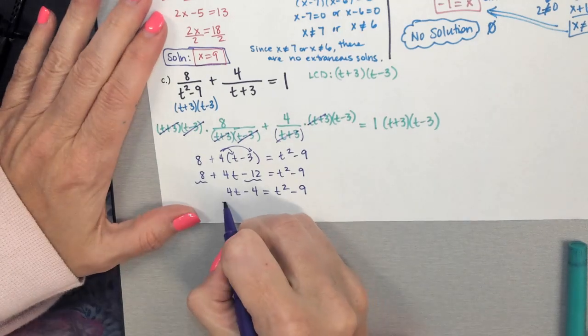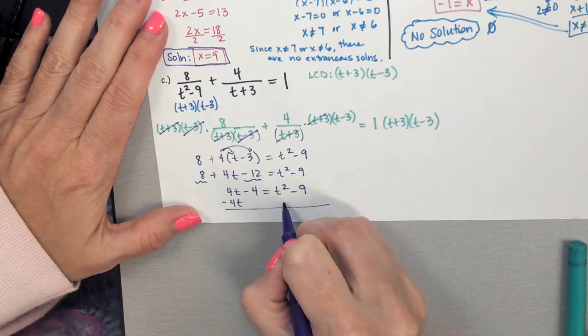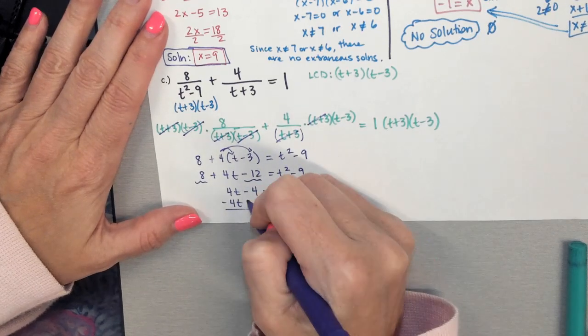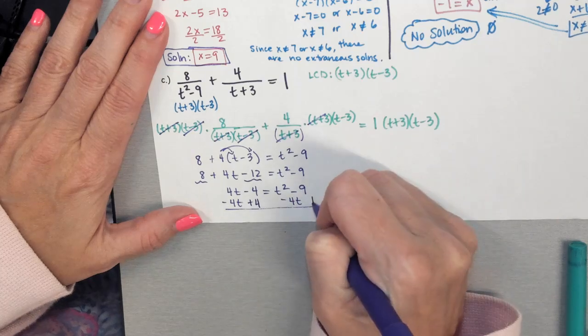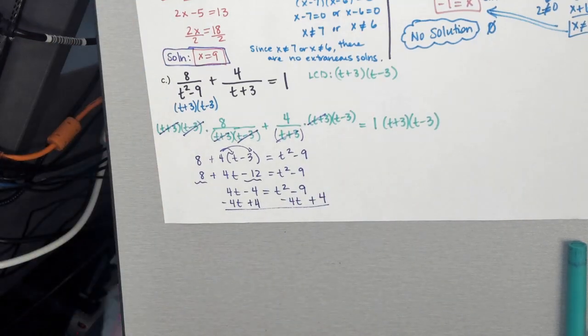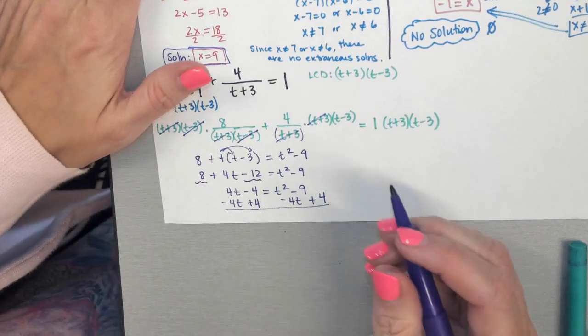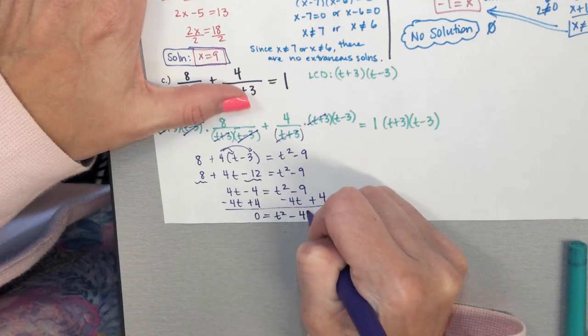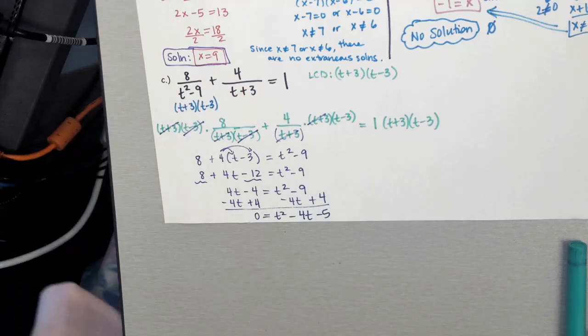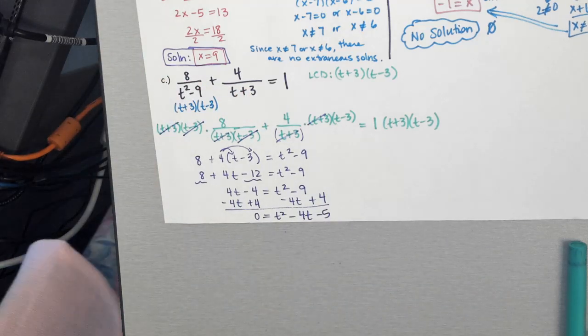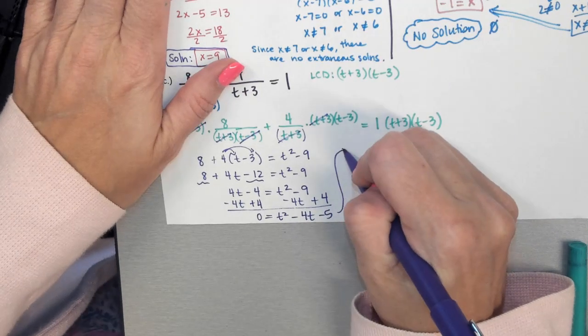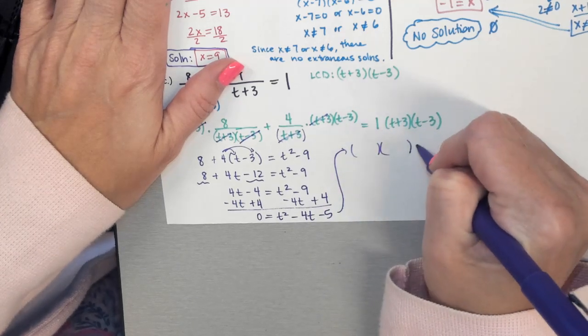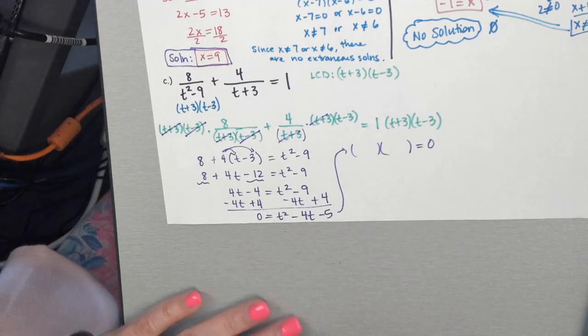So, yeah, we're going to move the 4t over and that negative 4 over. And then I'm going to factor. I'm going to put the 0 on this side.